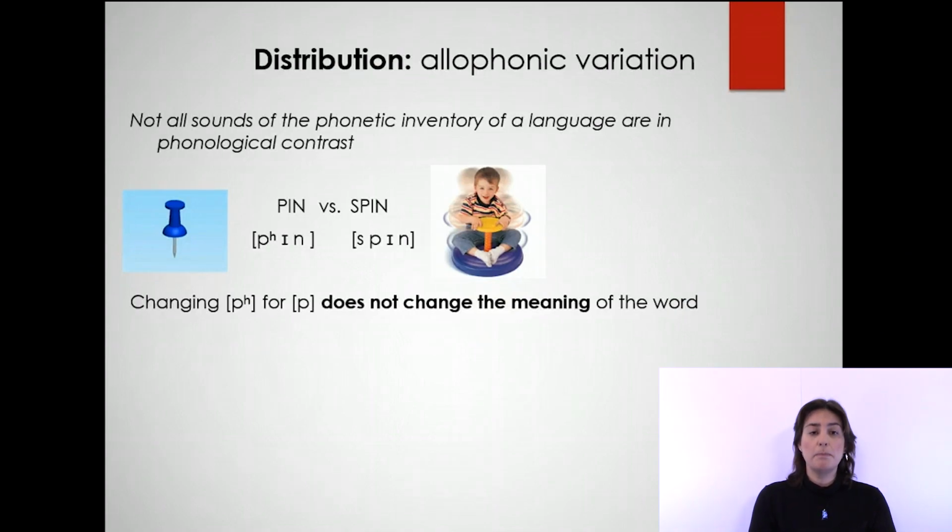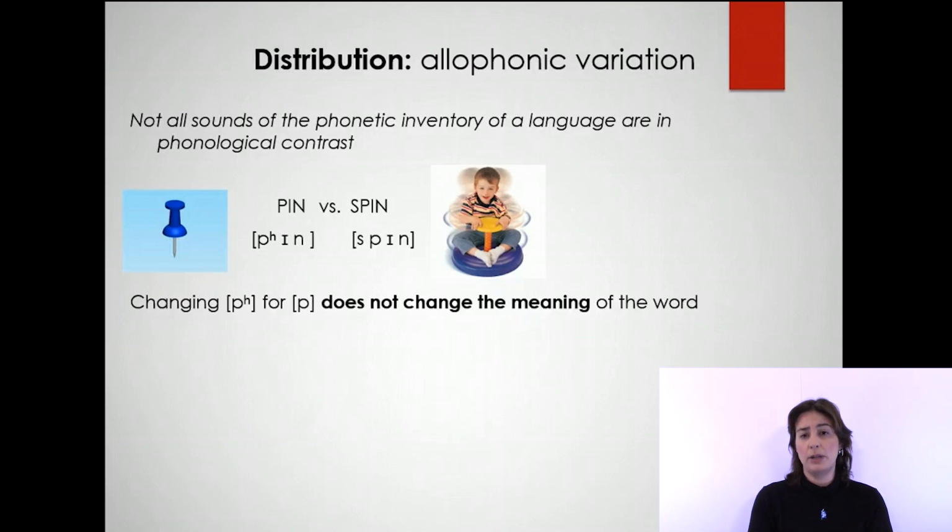So, if I say pin with the wrong p, you might think that I made a small mistake or even that I have a non-standard pronunciation, for example, because of my particular dialect of English. But crucially, in exchanging aspirated p for non-aspirated p, or the other way around in the case of spin, I am not changing the meaning of the word, even though I have changed its phonetic form.